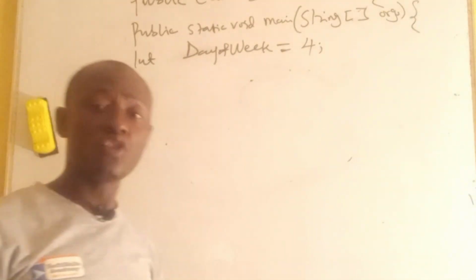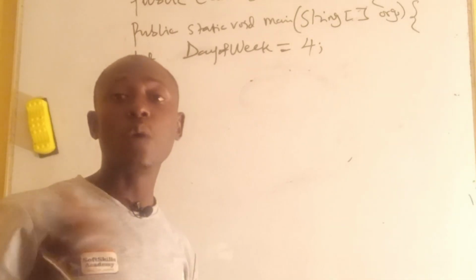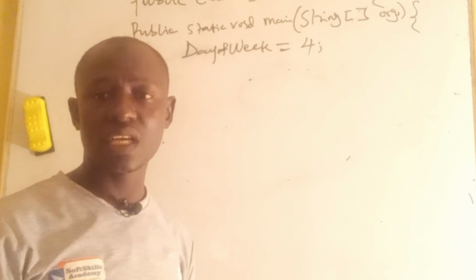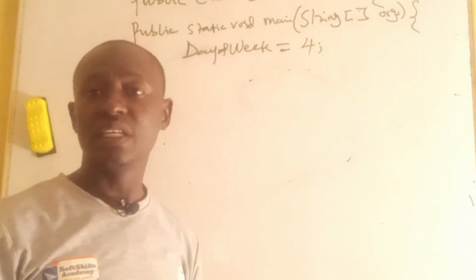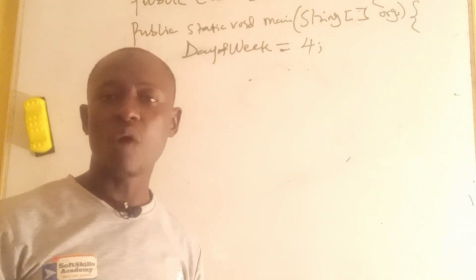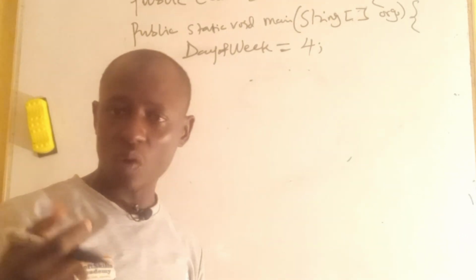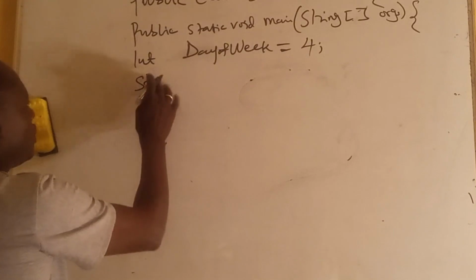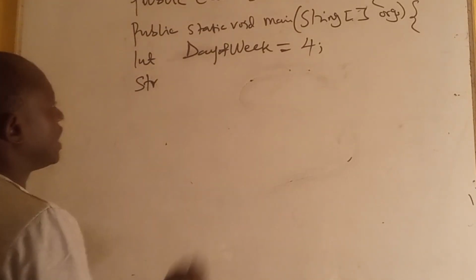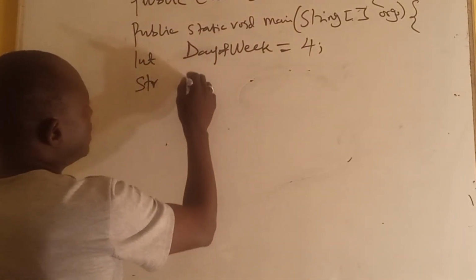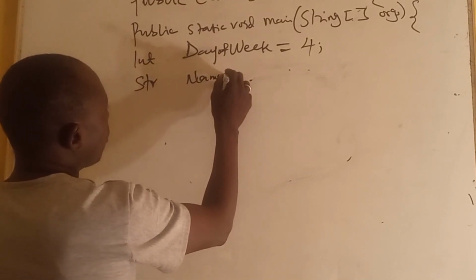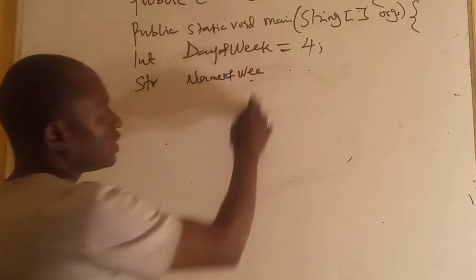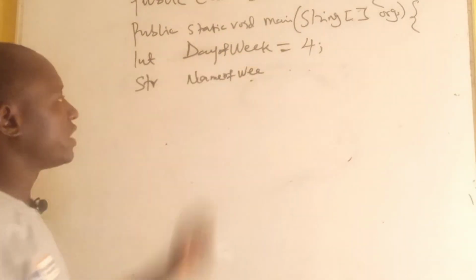So the second thing, you are going to also declare the weeks. Are we sure? Because the days, Monday, Tuesday, Wednesday, Thursday, Friday, Saturday, Sunday, are strings, right? So definitely you are going to declare those strings because you are going to use their variable name. Are we together? So we say String name of the week.